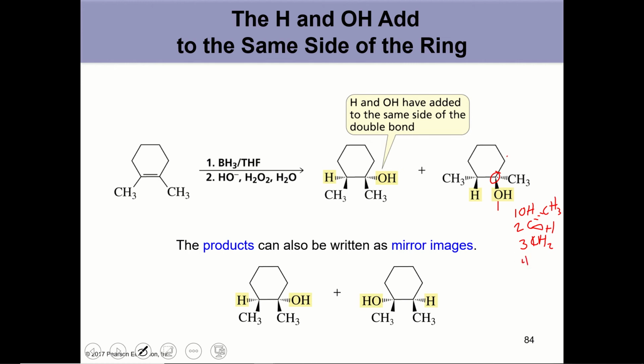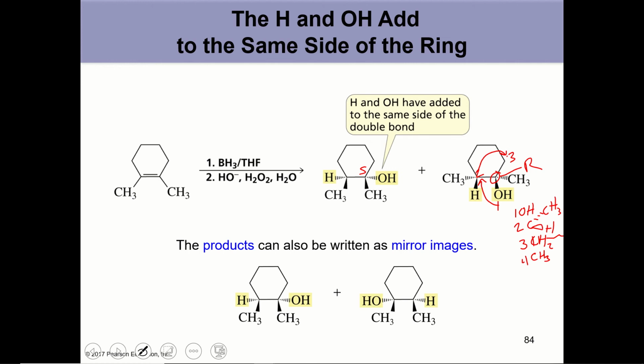And then 4 is the methyl group, CH3. And the reason that 3 is the CH2 group is because it actually is several CH2 groups. It keeps going in a chain. So if I draw my arrows, I would have 1, 2, 3, and I am going clockwise. So this stereocenter is R. That means that over here it is S because it will be the opposite. When we switch hydroxyl from being solid to hatched, it will be the opposite, so it's S.